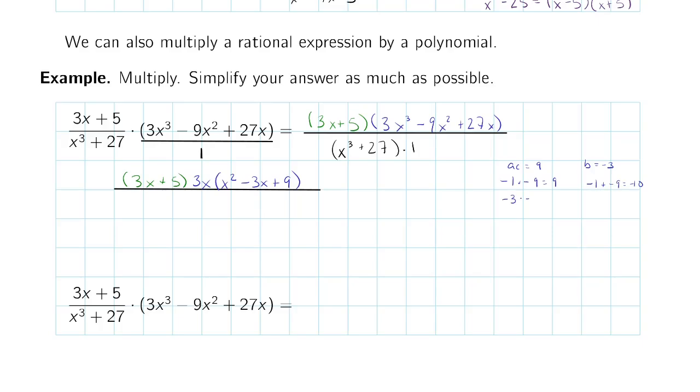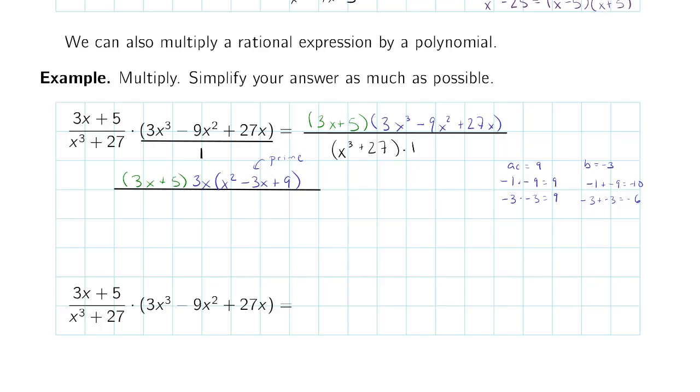Negative 3 times negative 3 is 9, but negative 3 plus negative 3 is negative 6, and that exhausts my options for factors of 9. So this trinomial here is prime. We suspected it was going to be prime. It turned out it was.